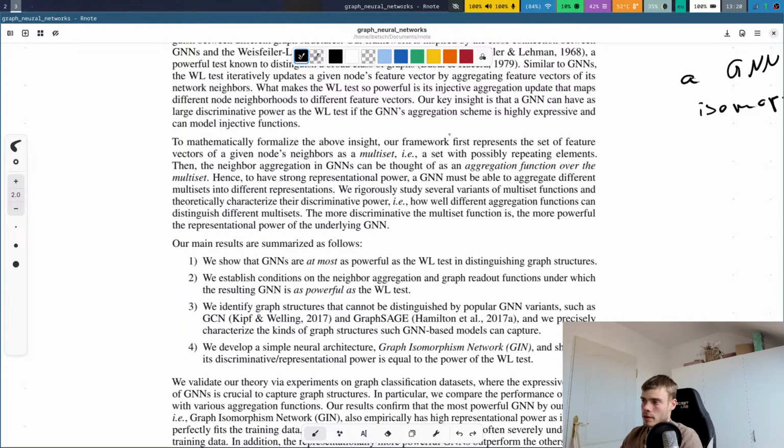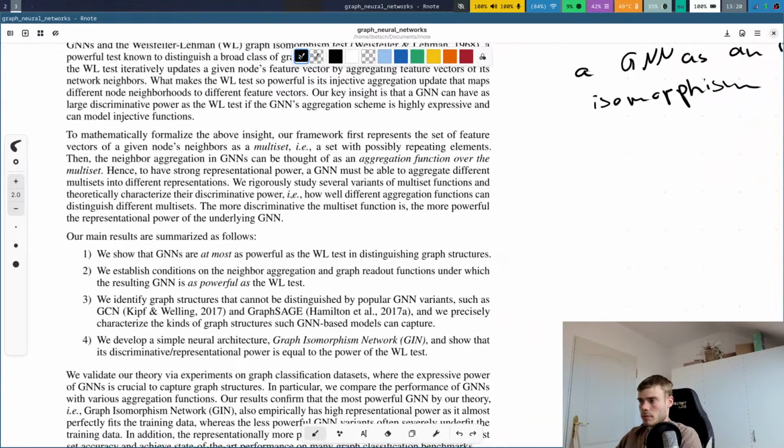Then, the neighbor aggregation in GNNs can be thought of as an aggregation function over the multiset. Hence, to have strong representational power, a GNN must be able to aggregate different multisets into different representations.